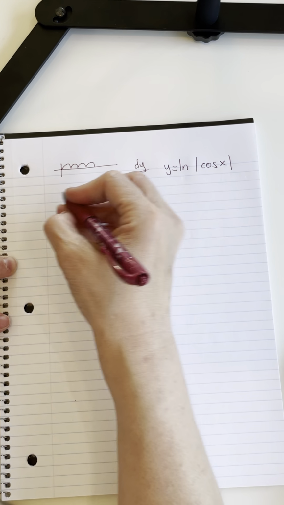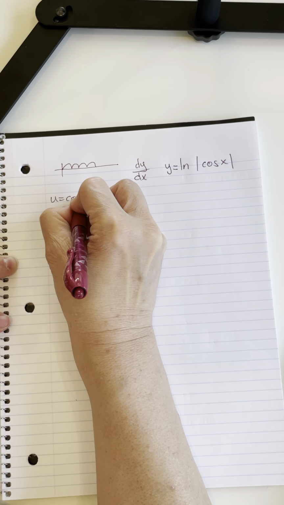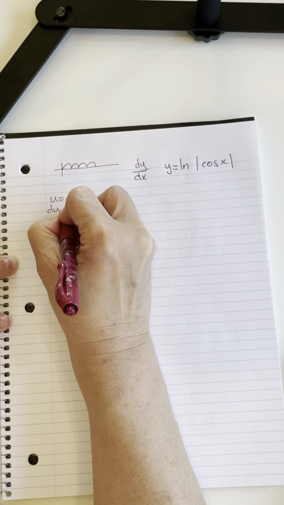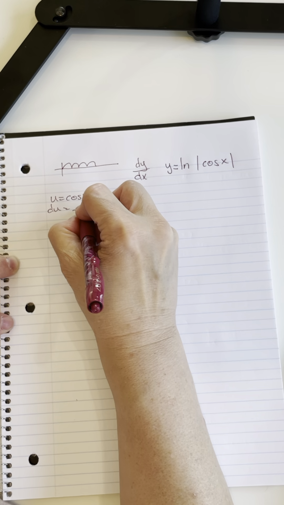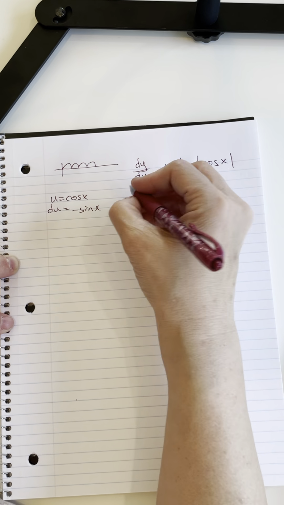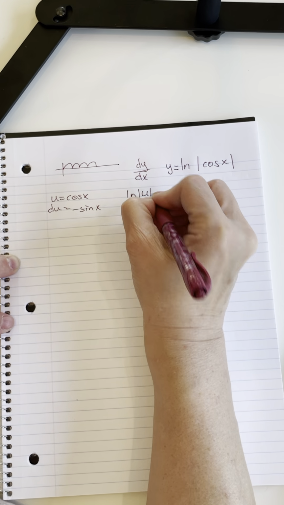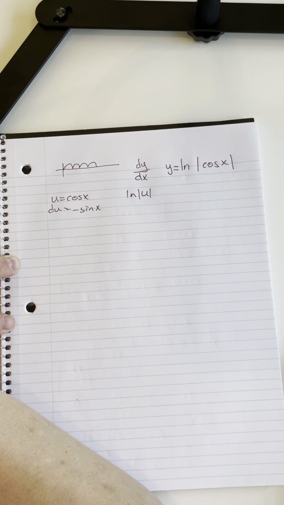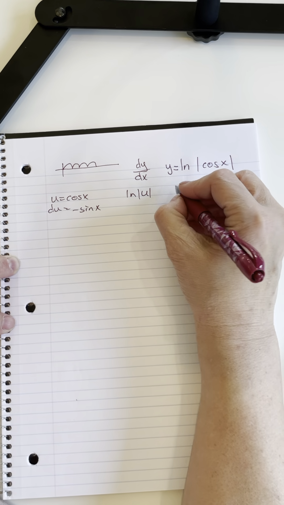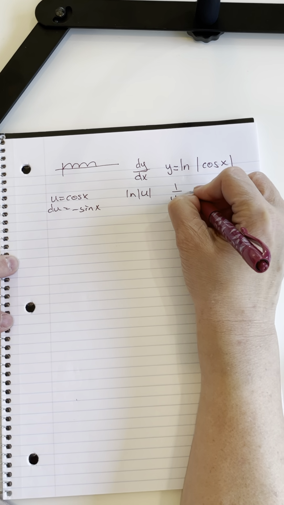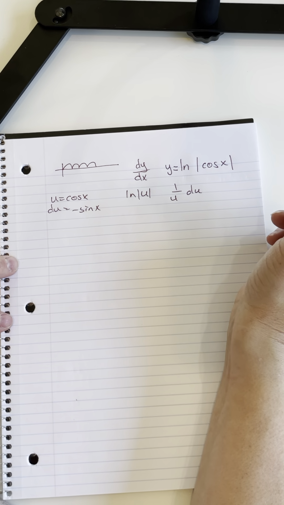So we're going to say that our u is the cosine of x, therefore the derivative is negative sine of x. And then this is the natural log of the absolute value of u. So basically the natural log of u, which is going to make it 1 over u du.